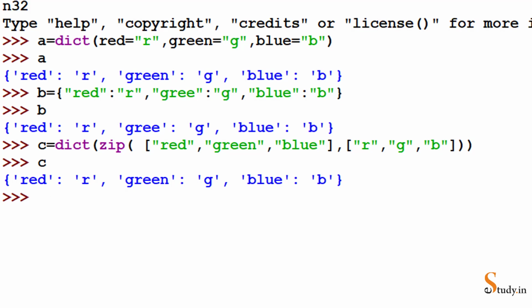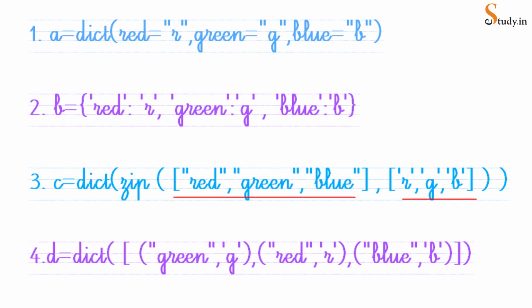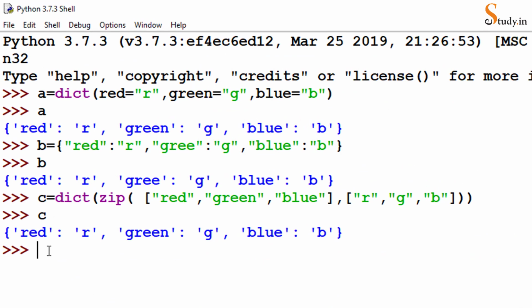Okay, so now the fourth notation here. In the fourth notation we have D is equal to, again we have a list with key value pairs. Okay, so let's try this. So in the fourth example, what we'll do is D is equal to, again, and here we are going to pass a key value pair.